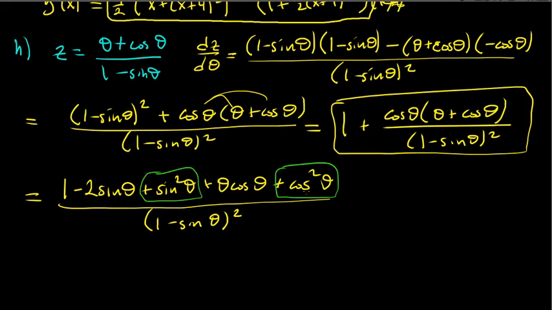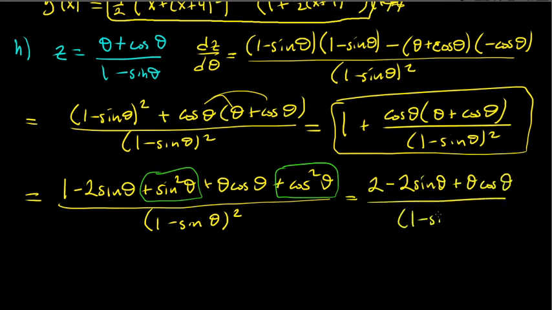And then 1 plus 1 is just 2. So that's just 2 minus 2 sine theta plus theta cosine theta, all over 1 minus sine theta squared. So I think I wrote it both ways. Either way is fine. I wouldn't say one is simpler than the other. It's just your preference.